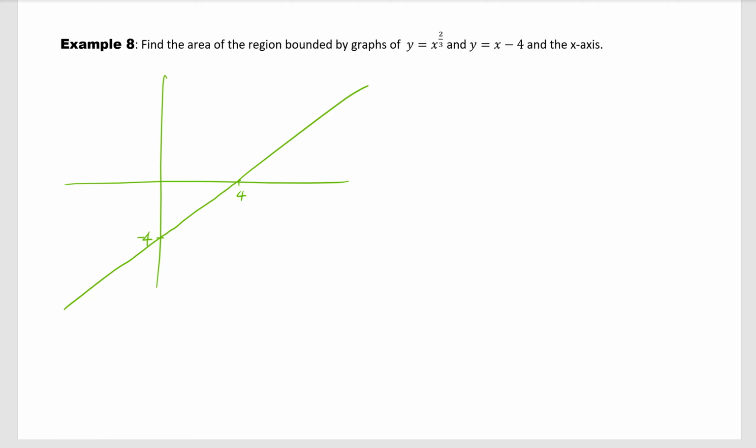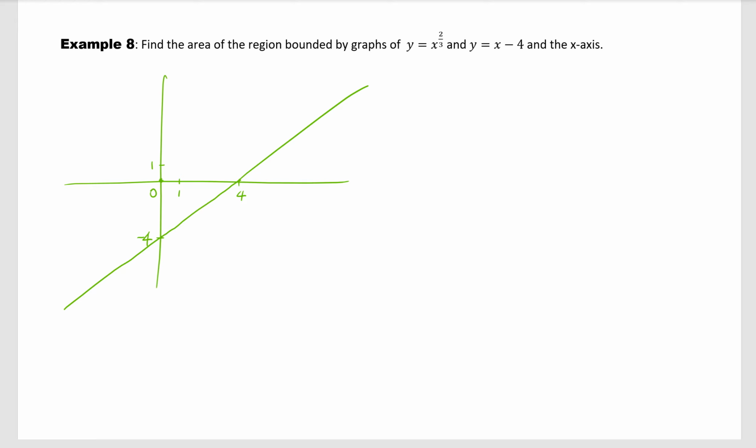Okay, next. Well, this is x to the 2/3. We don't have a graph for this function, but we can plot some points and connect them smoothly. We can plug in x is 0, then y is 0. We can plug in x is 1, we get 1, right? Okay, next. Cube roots.